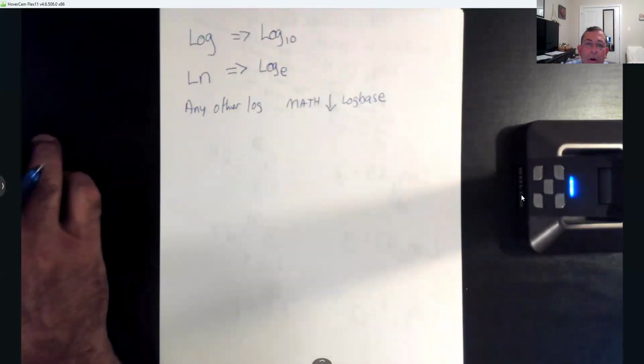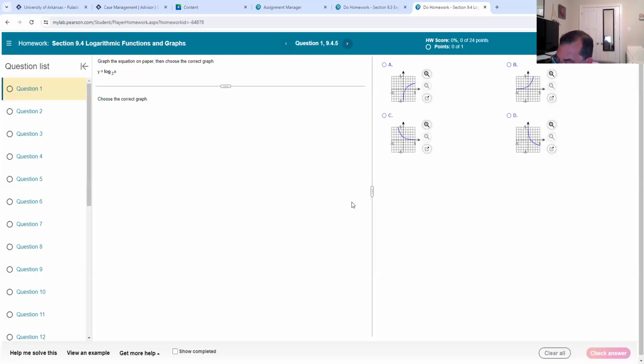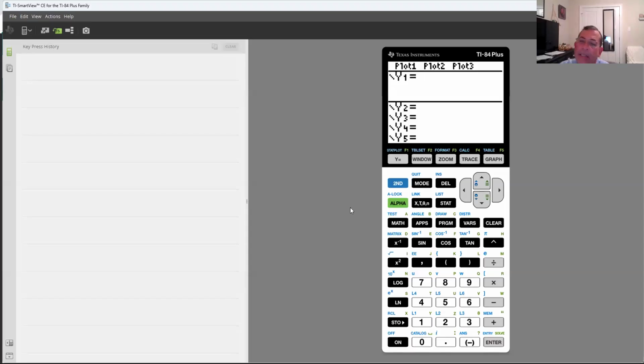All right, so let me see what we were actually graphing again. So this is y equals the log base 2 of x. We go to our calculator. Since that's a log base 2, I can't use the log by the 7 and the LN.